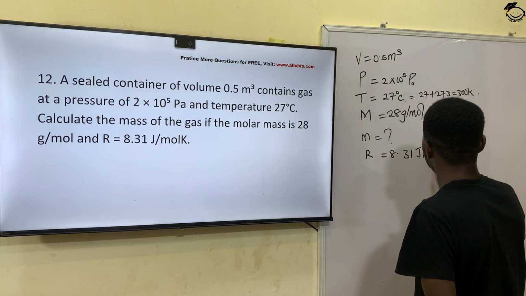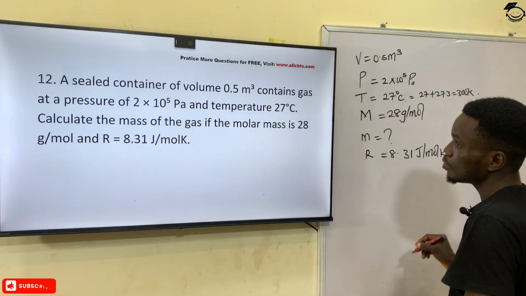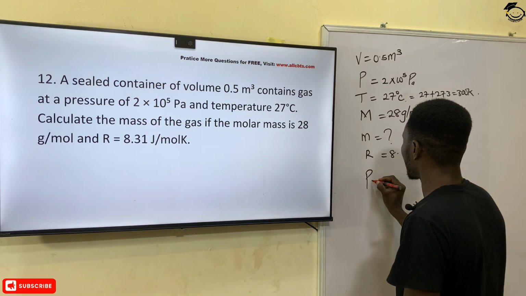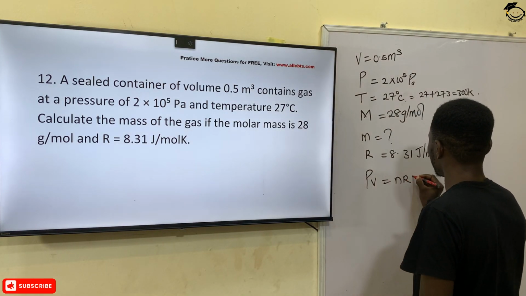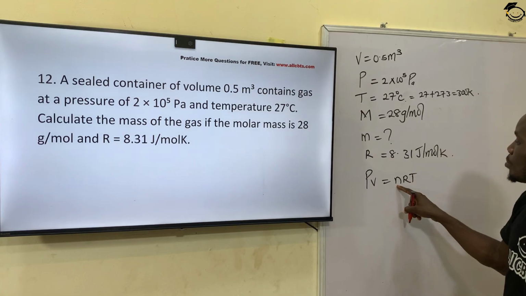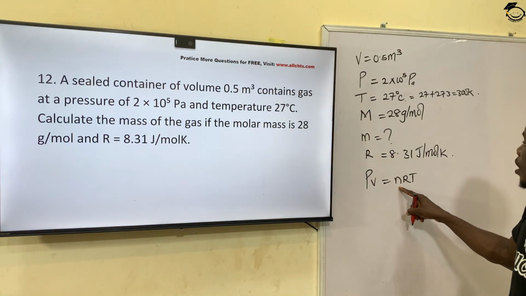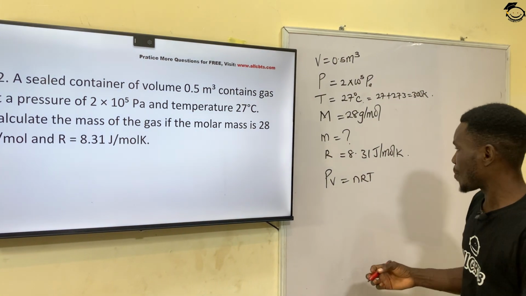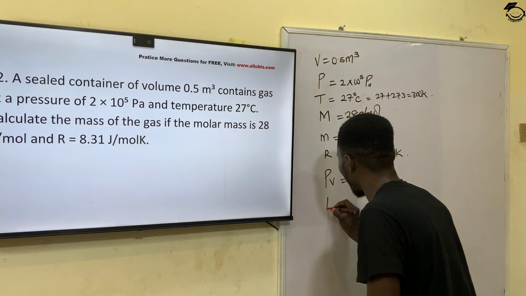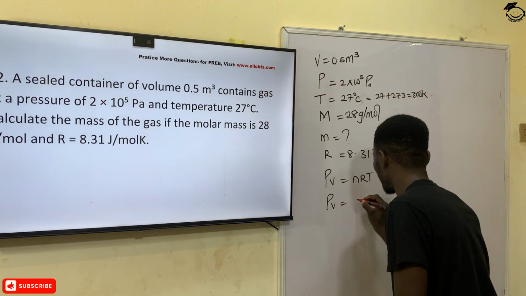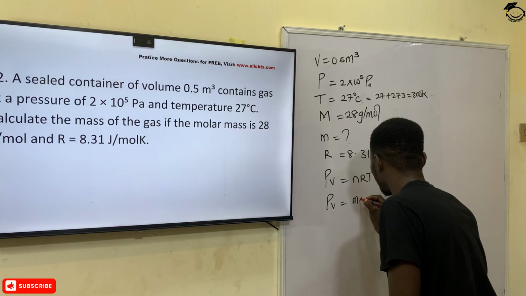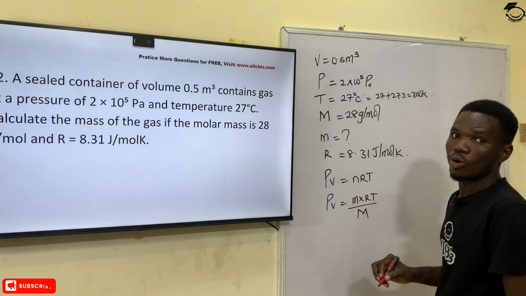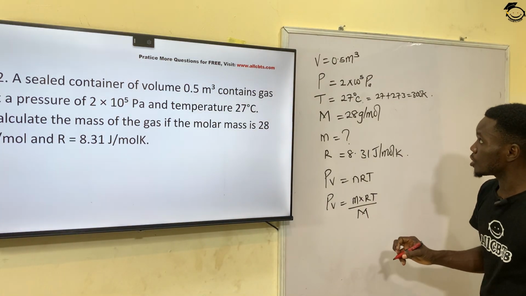Looking at this, we know that our formula for this question is PV equals nRT, where n is the number of moles. And we know that the number of moles is always mass over molar mass. So if you substitute that, PV equals mass times RT over molar mass.